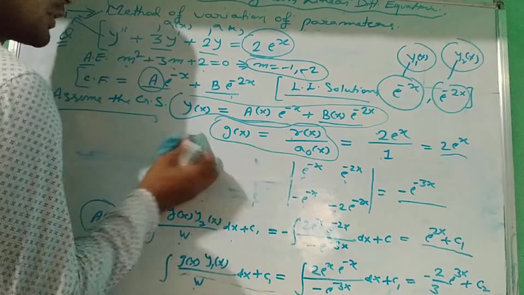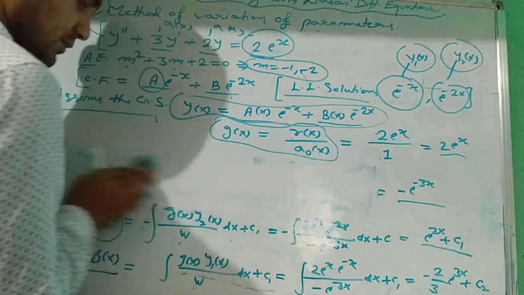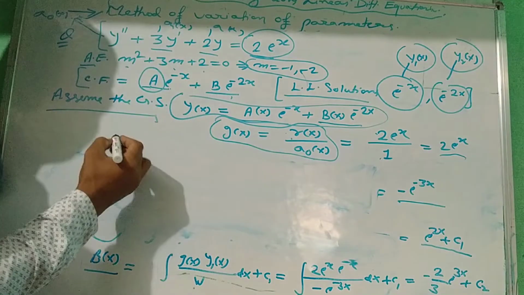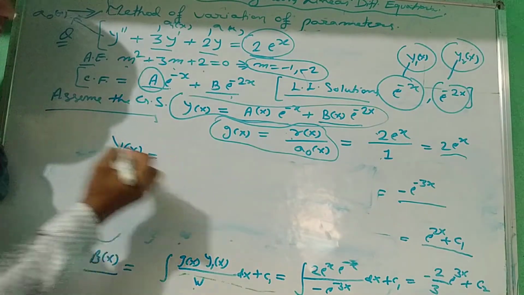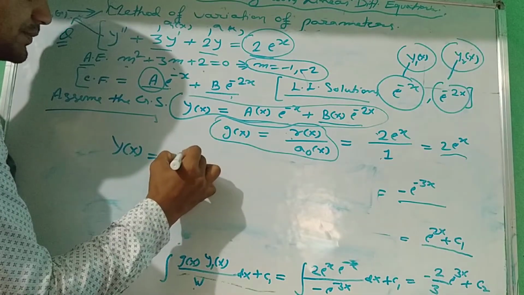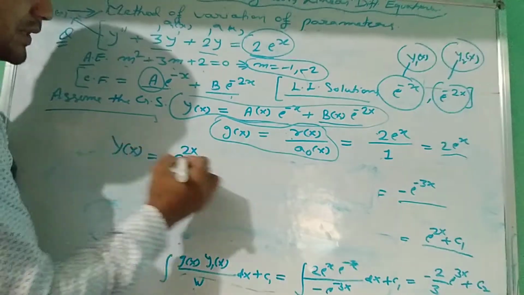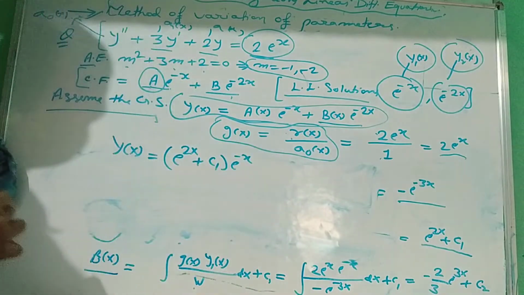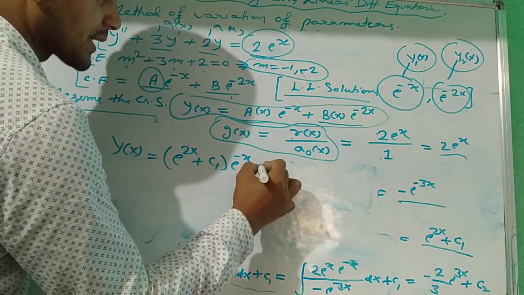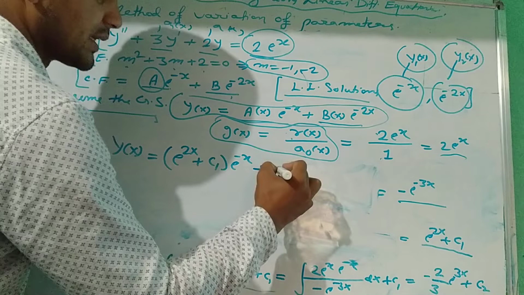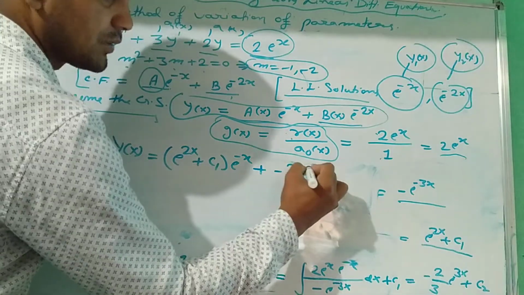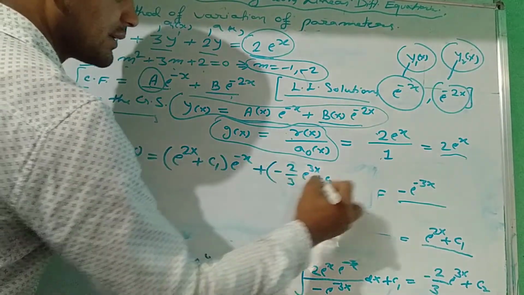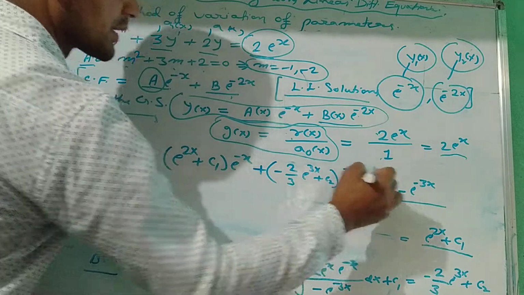So the general solution of the differential equation is y(x) equal to a1(x), which is e to the power 2x plus c1, times e to the power minus x, plus b(x), which is minus 2 upon 3 e to the power 3x plus c2, times e to the power minus 2x.